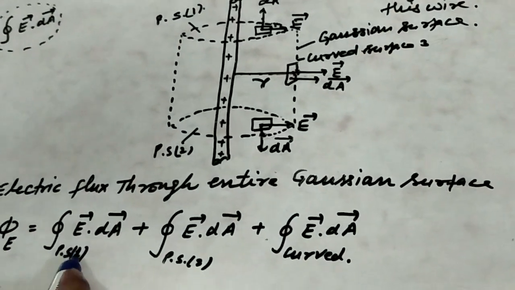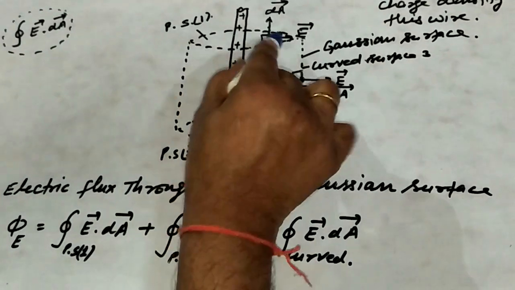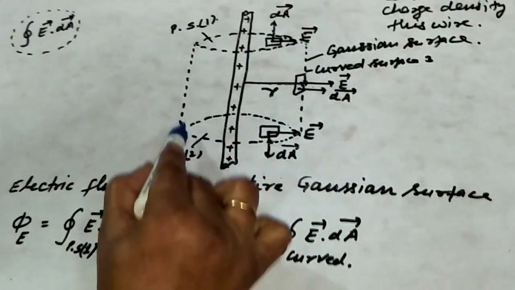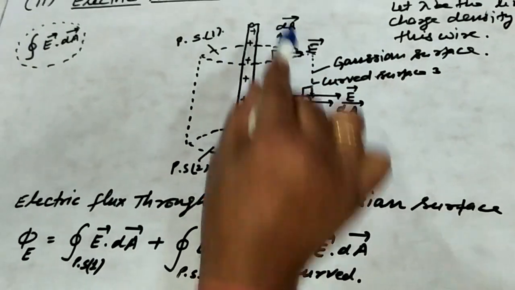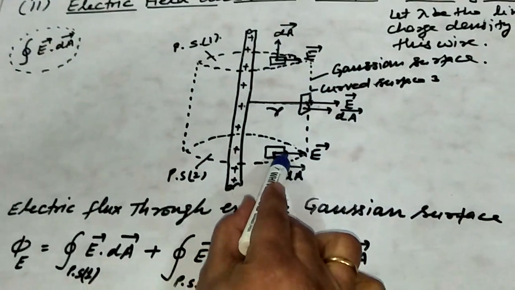For plane surface 1 and plane surface 2, the one above and the one below, the angle between vector E and vector dA is 90 degrees.